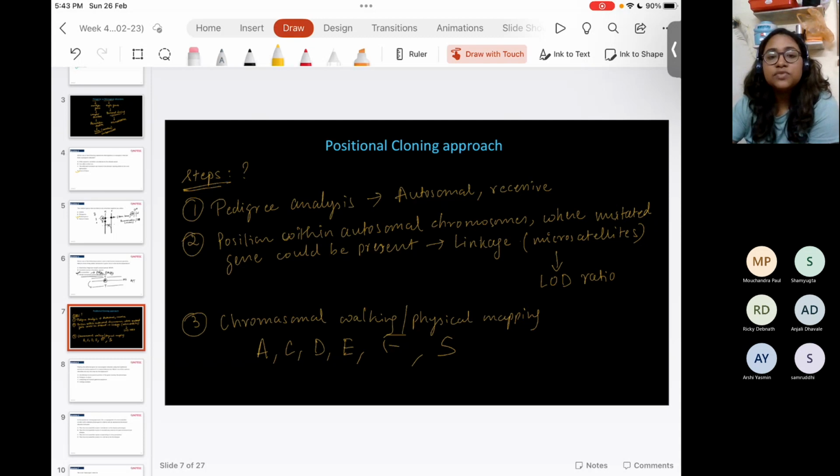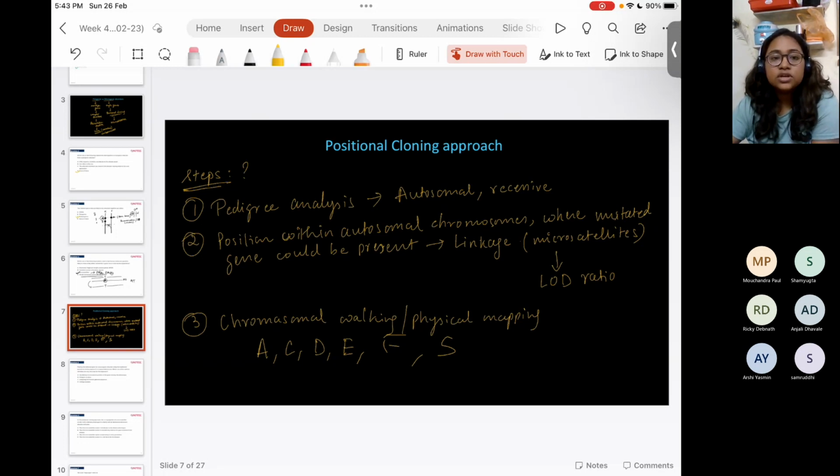So if you find one or a few of the phenotypes similar, then you can say with confidence that mutation in or deletion of this particular gene is causing that particular monogenic disorder. Through this approach, you are identifying the gene, and then you have to validate your results as well.